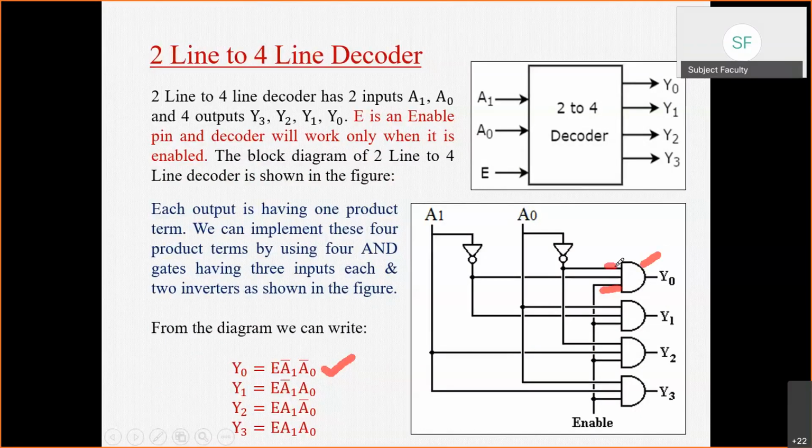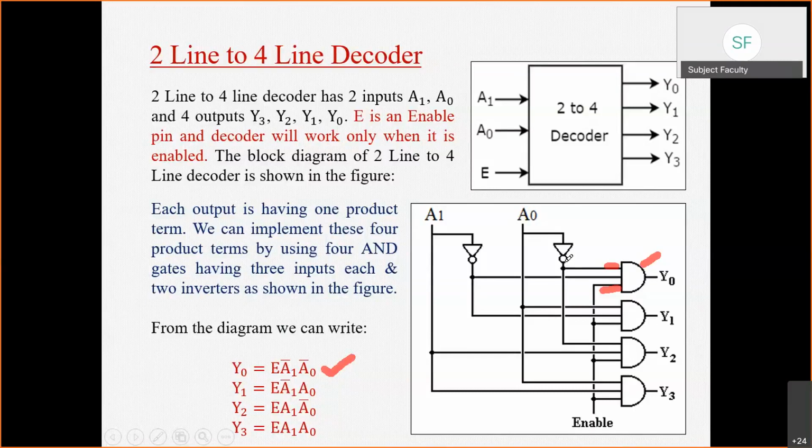The first one is connected to a NOT gate, which is connected to A0, so this signal becomes A0 bar. Similarly, the second pin becomes A1 bar. So here you can observe E into A1 bar into A0 bar. Similarly, you can write for all 4 outputs.